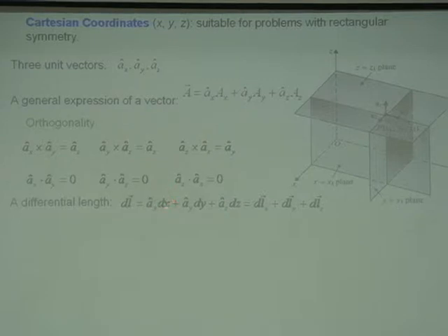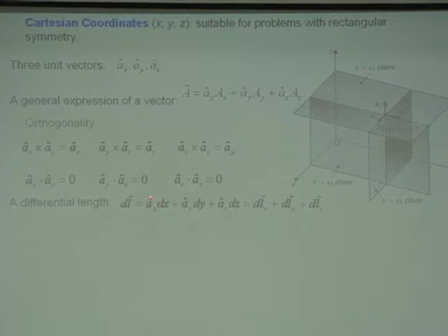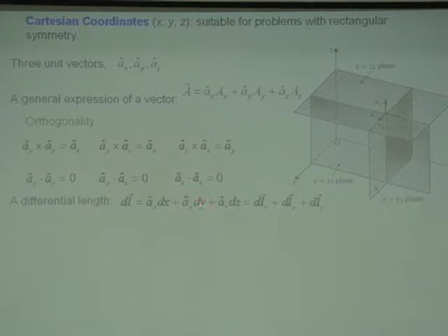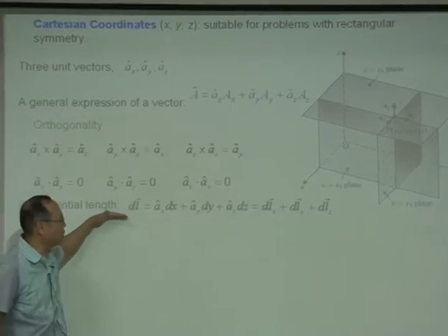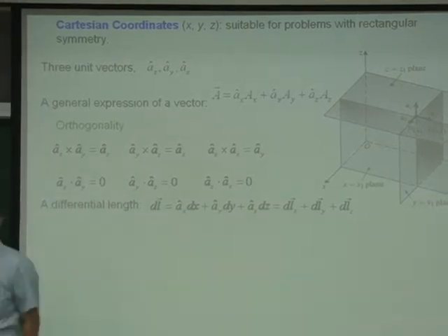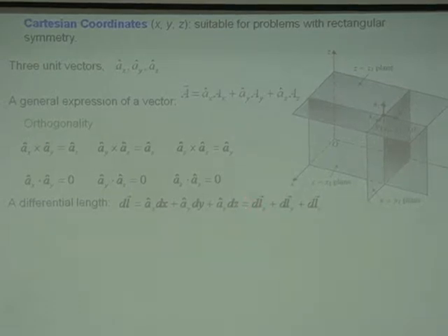You pick up a small differential length in the x direction and give it a direction along x, then you pick up the differential length along y, with its unit vector, and then a small length along z. So the vector representation of a small length in the xyz coordinate system is that simple: a small length in the x direction, a small length in the y direction, and a small length in the z direction.